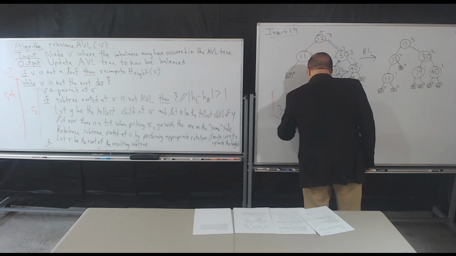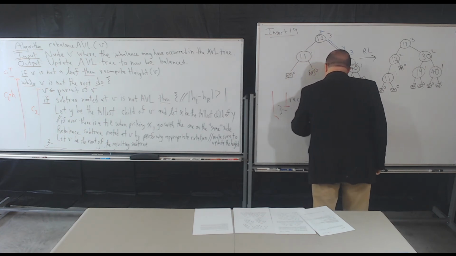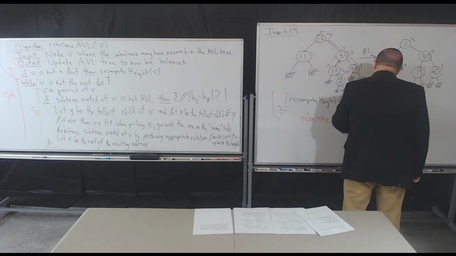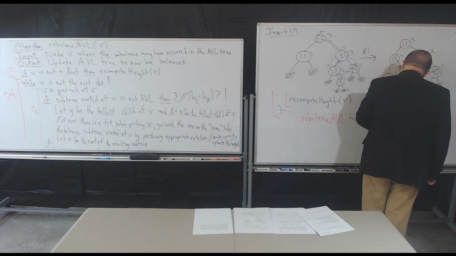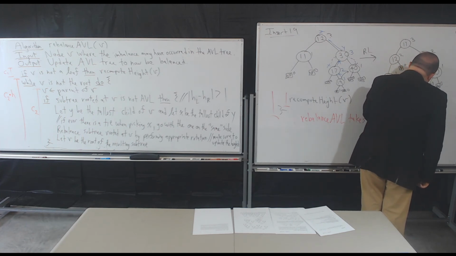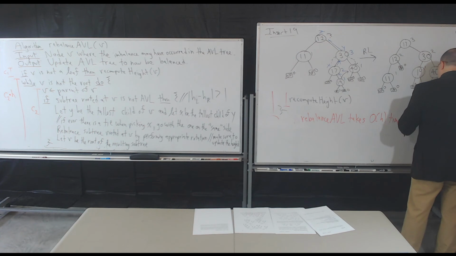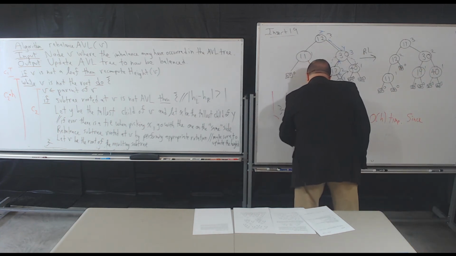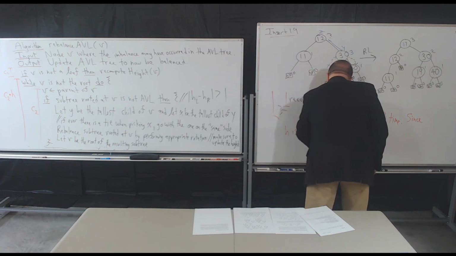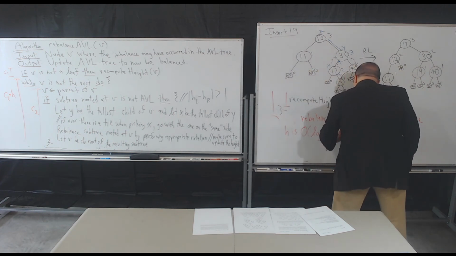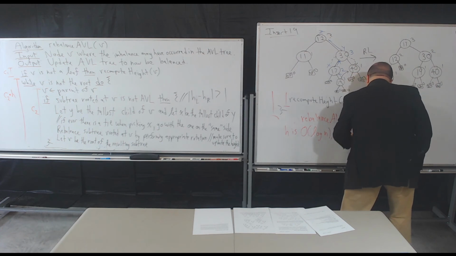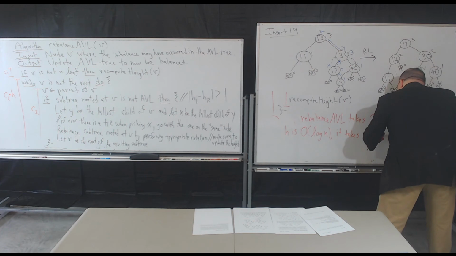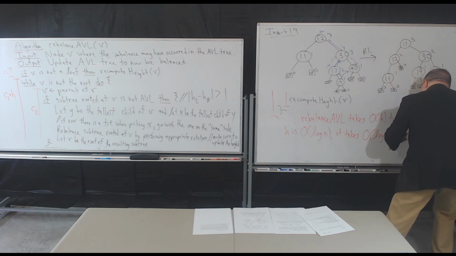So rebalance AVL takes big O of H time, and since H is big O of log n, it takes, and when I say it, I mean rebalance AVL, it takes big O of log n time.